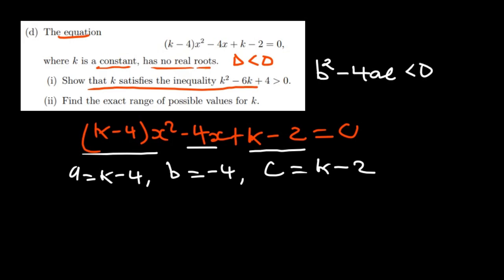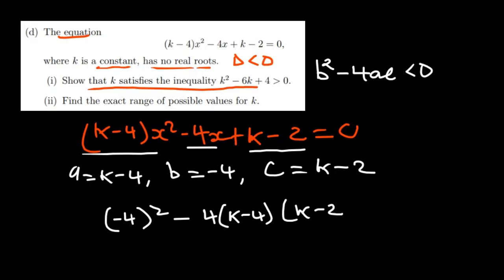Alright, so let's write it in terms of the numbers that we can see here. We're going to say b squared, which is minus 4 squared, minus 4, and then a is k minus 4, multiplied by c, which is k minus 2. This should be less than 0. From there we need to expand.